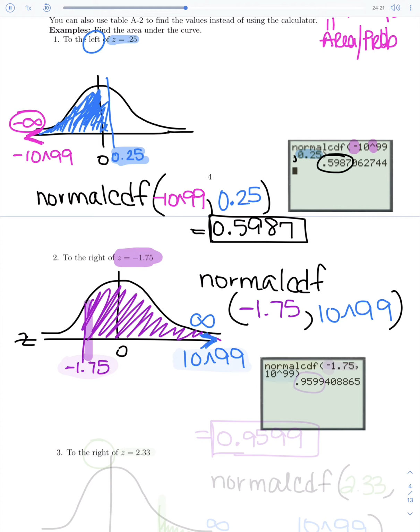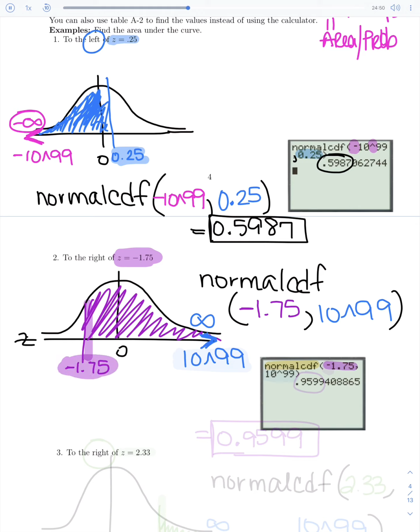Notice, to get your normal CDF to work, you'll have to go in and hit your second button first, then your vars or distribution key. You'll arrow down until you get to normal CDF, and then the first thing you'll enter in after you press enter on normal CDF is your starting value, which was, according to our picture, our negative 1.75 as our Z value.